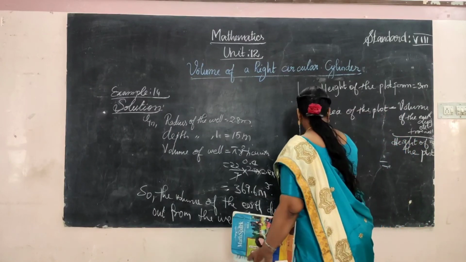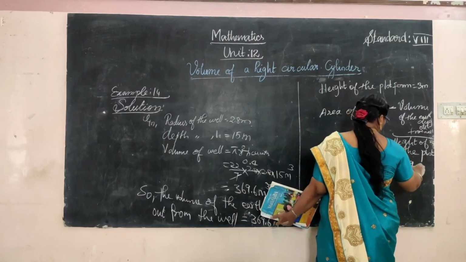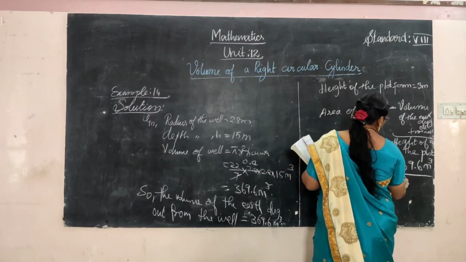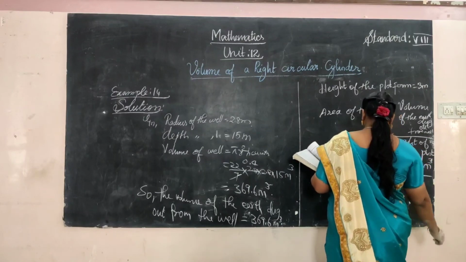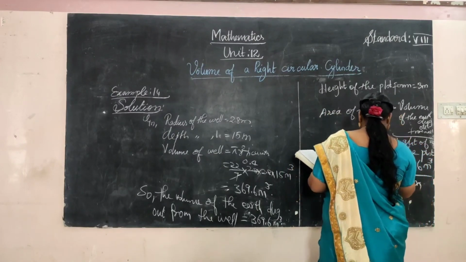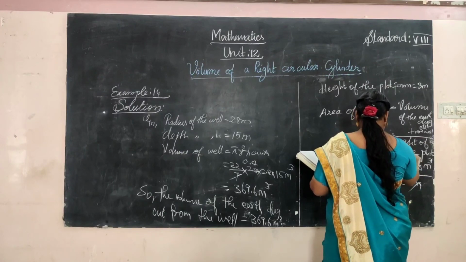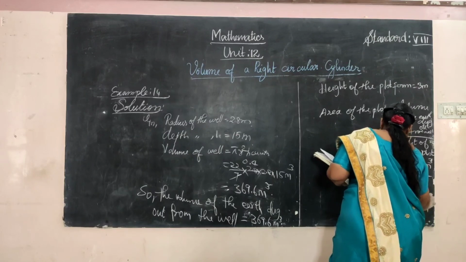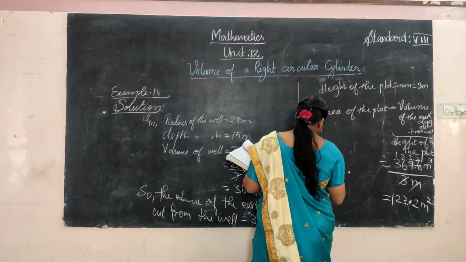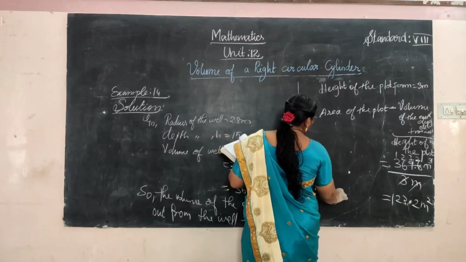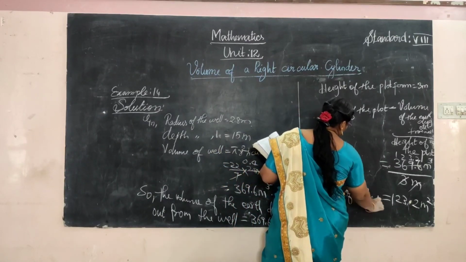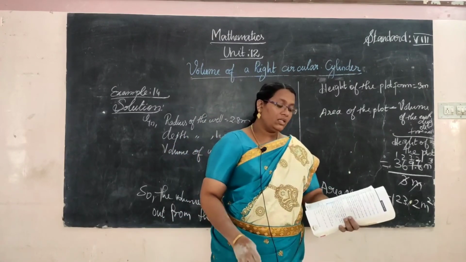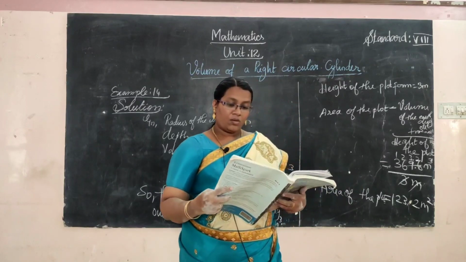So volume is 369.6 meter cube divided by height of the plot, 3 meter. So 123.2 meters square. Therefore the area of the plot is equal to 123.2 meters square. Okay, examples are completed.